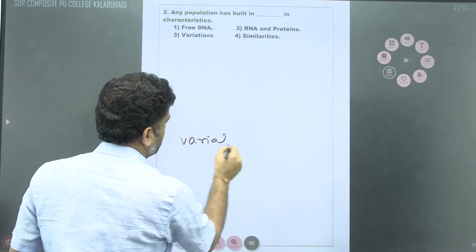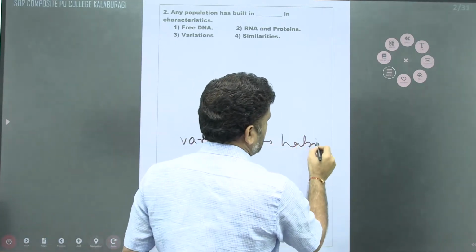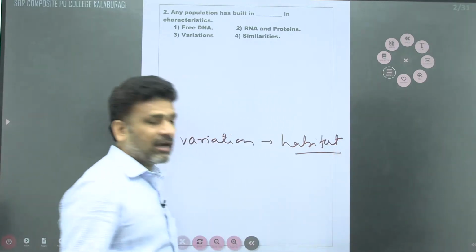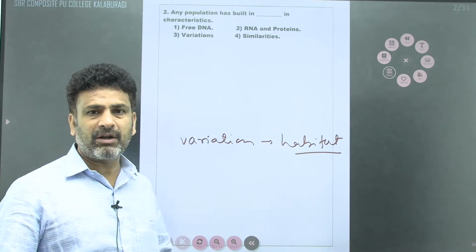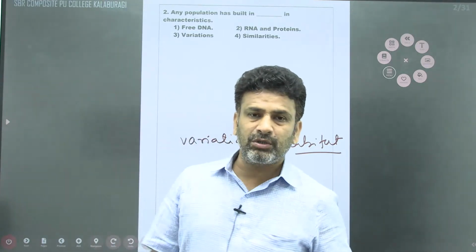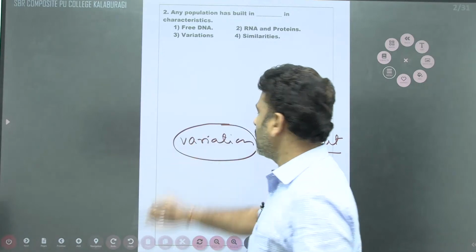These variations occur whenever individuals undergo adaptation to a particular habitat according to the changing environmental condition. These individuals bring some modification in their structure, and these characters induce variation in an individual.